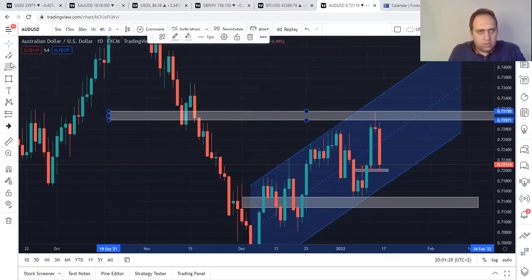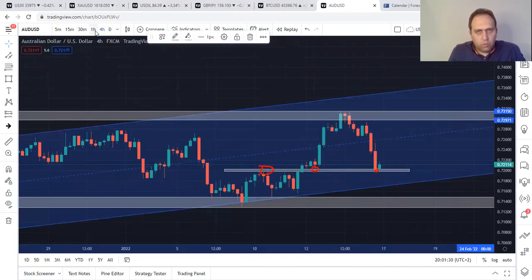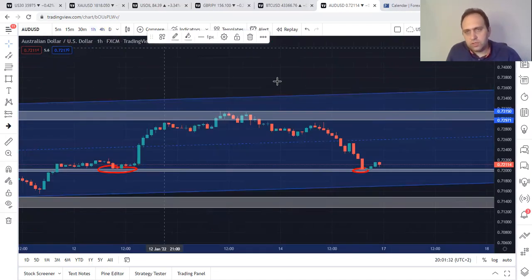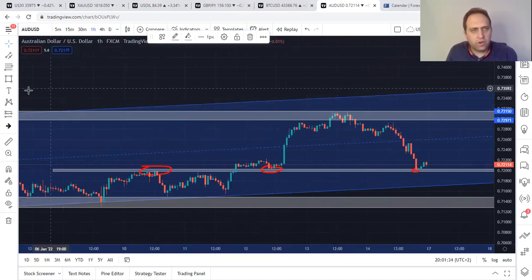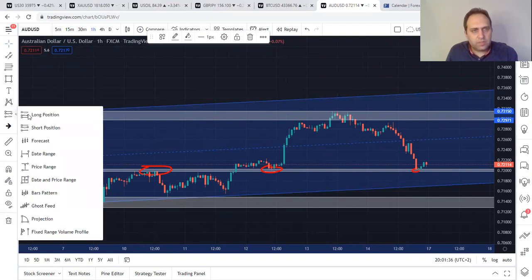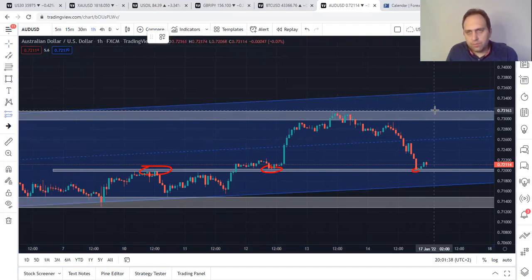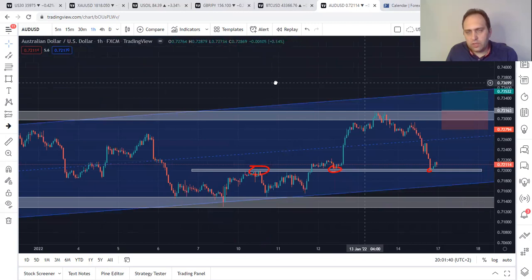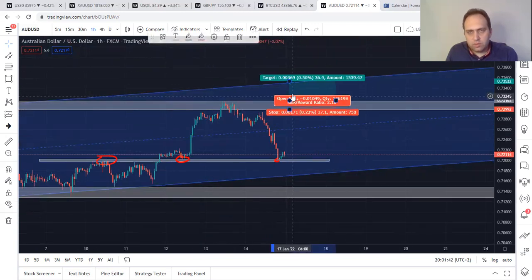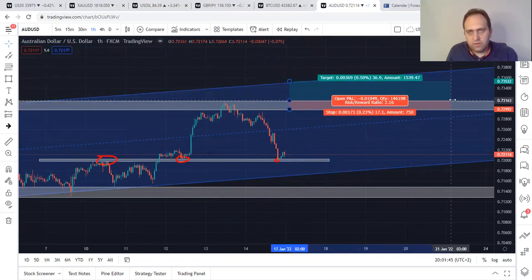Okay. So I will go back to the 1 hour chart. If we have a move up and it's breaking up, we see where it will break, but we should have an entry like here.